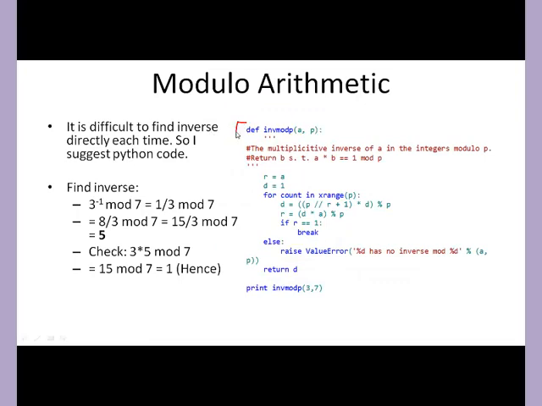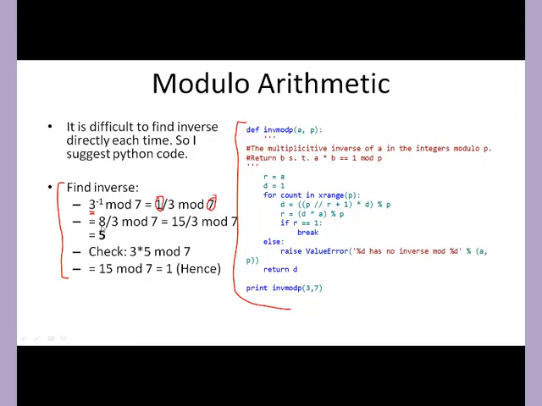Inverse is not too easy, so here I am providing an algorithm by which we can compute the inverse. But here, to understand the concept of inverse, I am taking a very simple example: 3 inverse mod 7. We have to find the inverse of 3. 3 inverse may be written as 1 by 3, 1 by 3 mod 7. Now add this 7 to this 1.